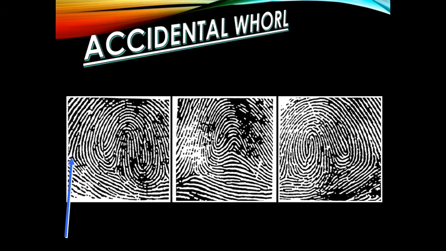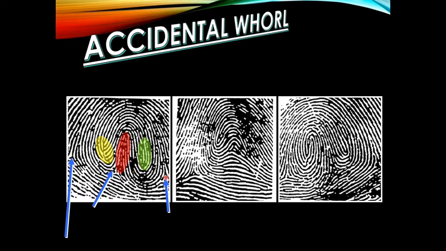Okay, so examples under the accidental whorl are the following. On our first illustration, we have 3 deltas and 3 combinations of fingerprint patterns. If you are going to observe, this is a loop pattern. In the middle is a tented arch, and this third pattern is also a loop.